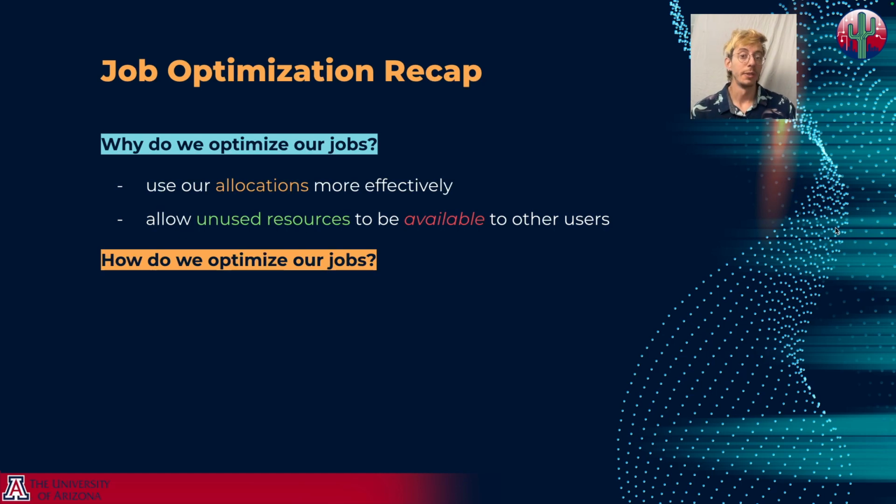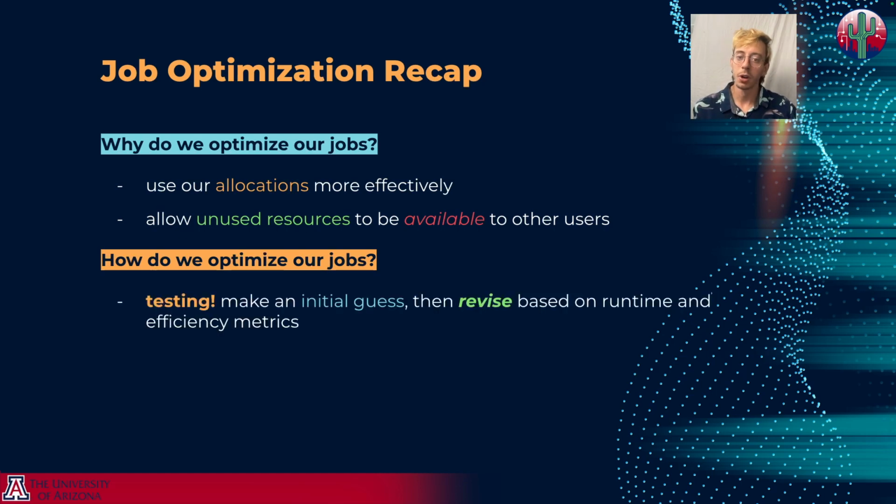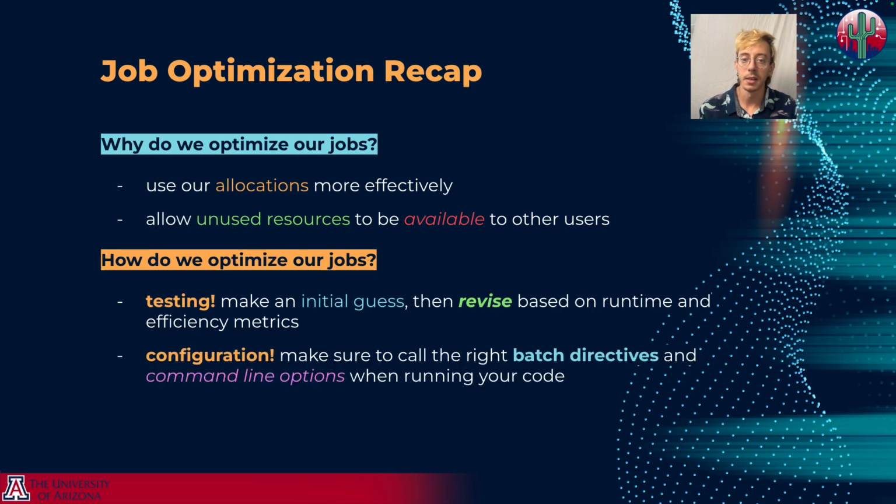And how do we optimize our jobs? Well, testing: we're going to want to make an initial guess and then revise based on runtime and testing efficiency metrics, as well as configuration, making sure we call the right batch directives and command line options when running our code. So the idea here is we want to not only request the right resources, but tell the software how to use them.